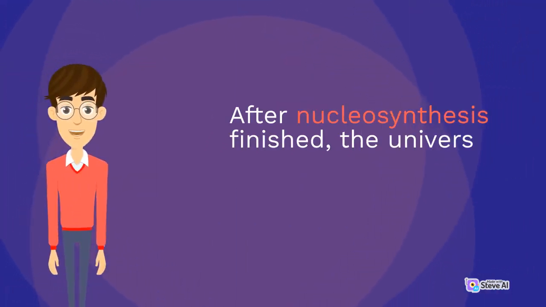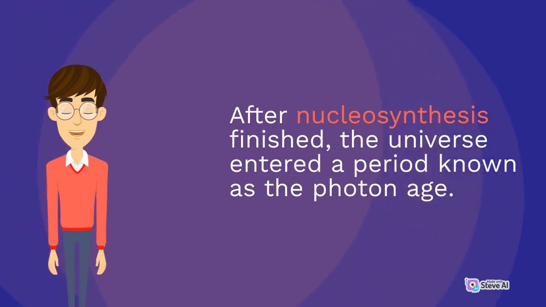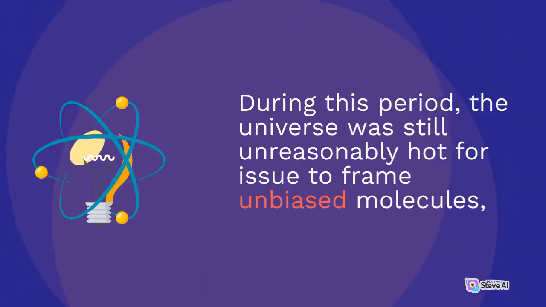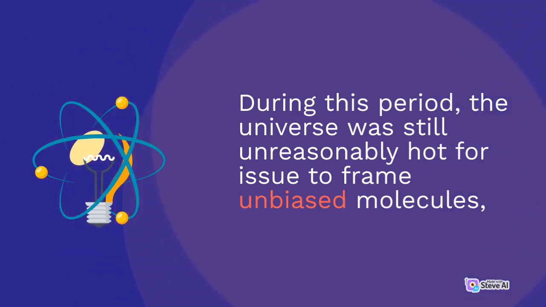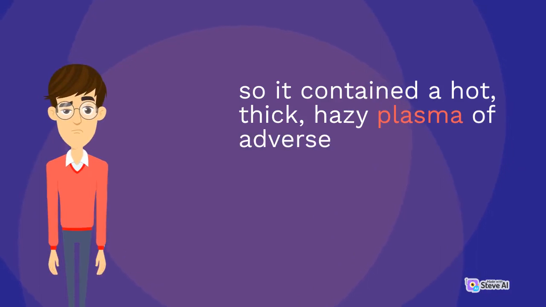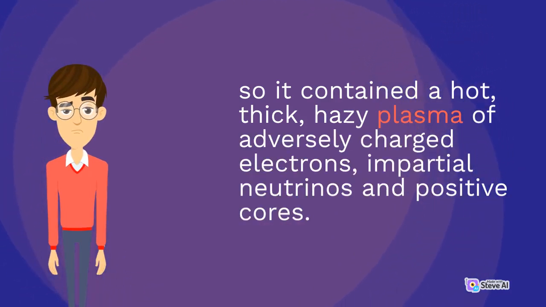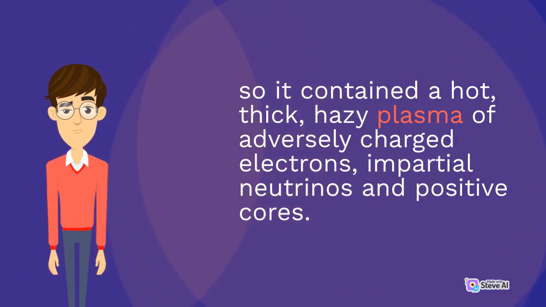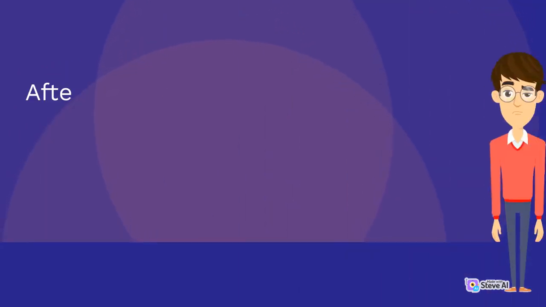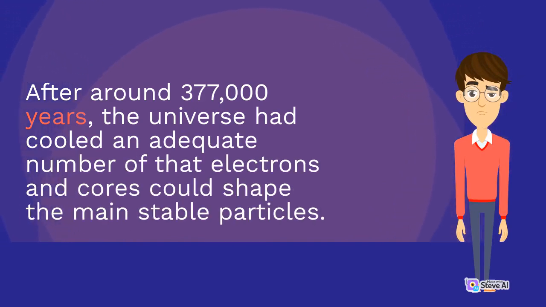After nucleosynthesis finished, the universe entered a period known as the photon epoch. During this period, the universe was still far too hot for matter to form neutral atoms, so it contained a hot, dense, hazy plasma of negatively charged electrons, neutral neutrinos and positive nuclei. After around 377,000 years, the universe had cooled enough that electrons and nuclei could form the first stable atoms.